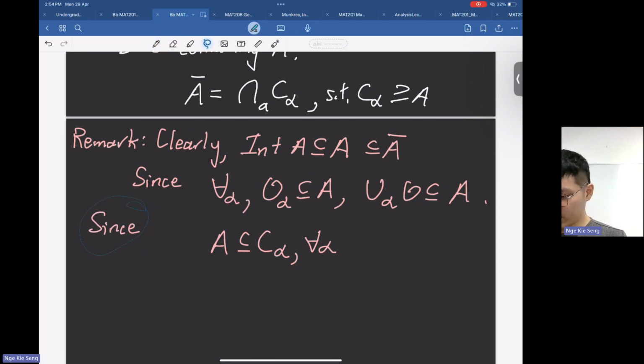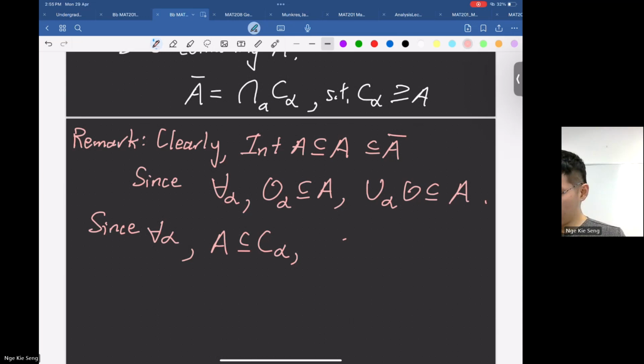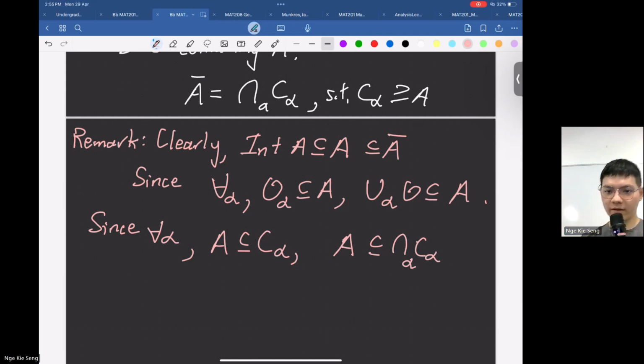On the other hand, we also have A is in C alpha for all alpha, so A should be in the intersection of all C alpha. Intersection means you are in every set. This is the first remark.